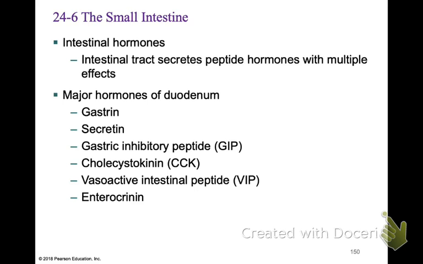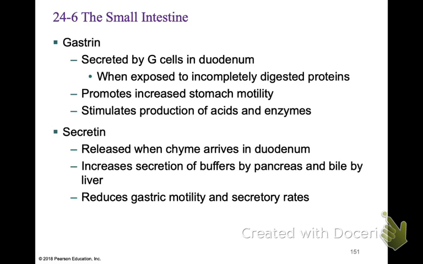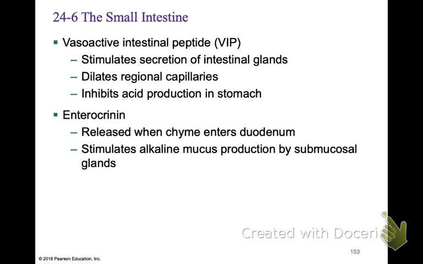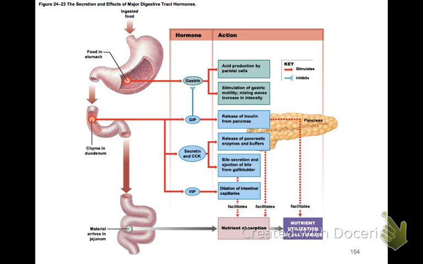VIP is going to cause dilation of the blood vessels. I think I have all these things listed further down. Yeah, and enterocrinin is going to help stimulate mucus production. So that's just sort of a big overview of what those hormones are doing.